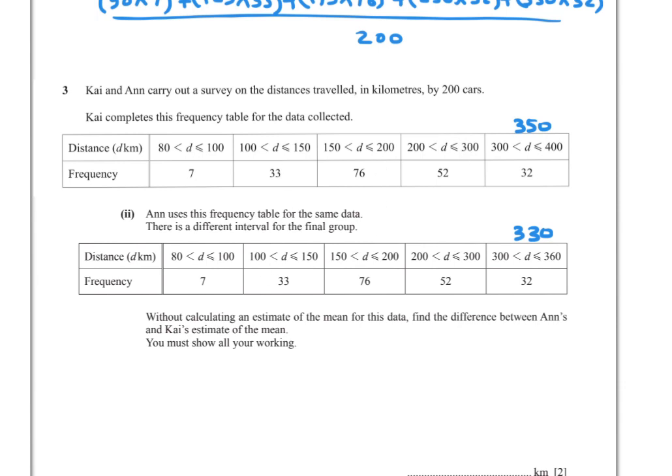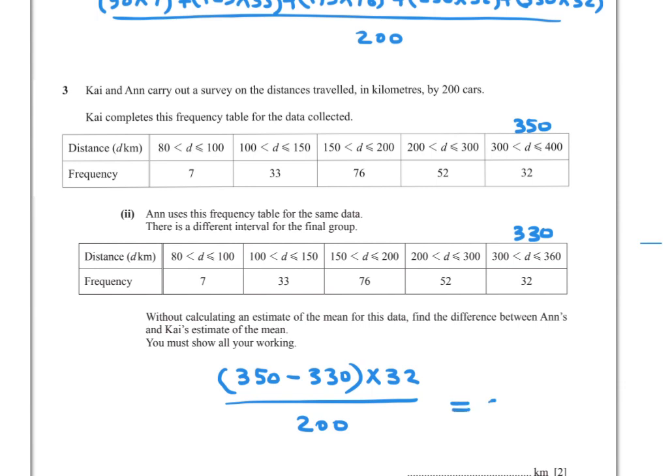So to find the difference in the mean, we need to subtract 350 minus 330, then multiply the answer by 32, divide by the total frequency, which is 200, and this equals 3.2.